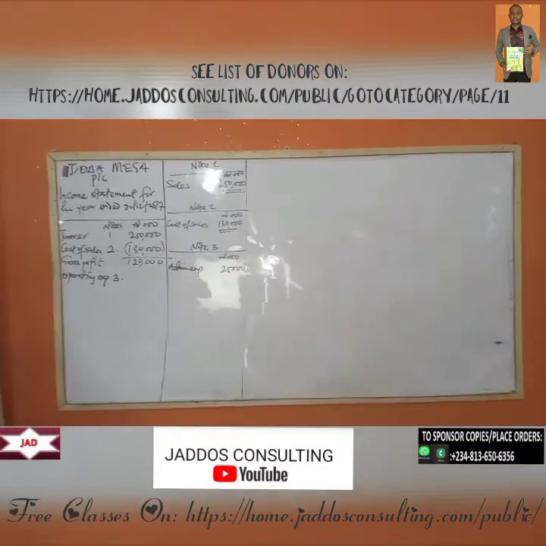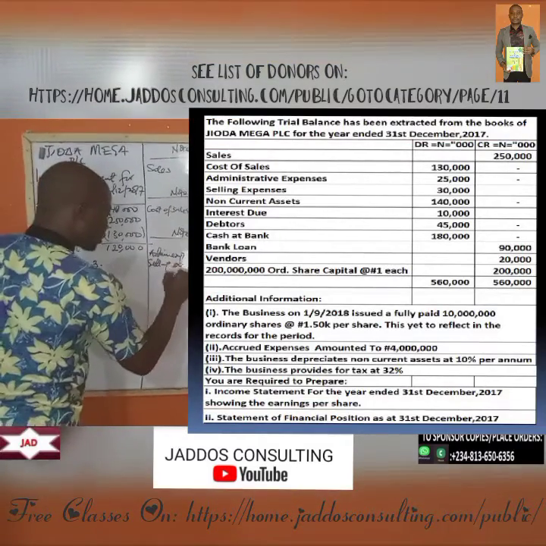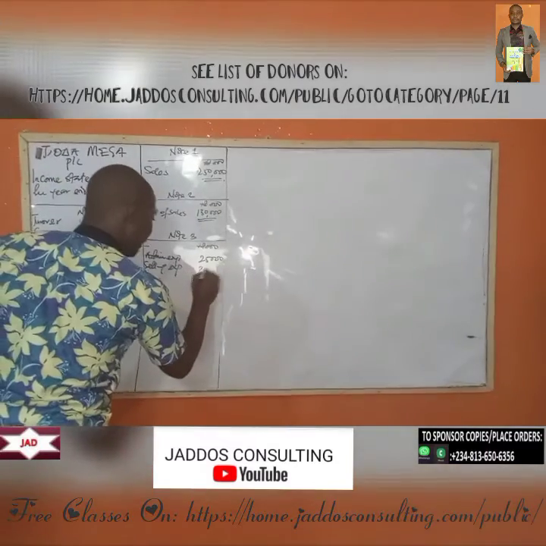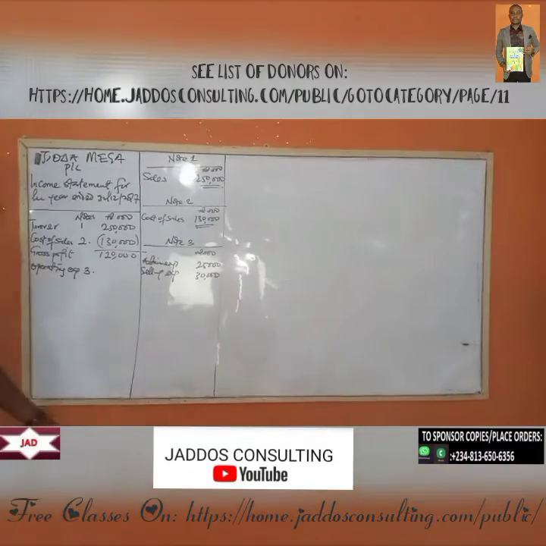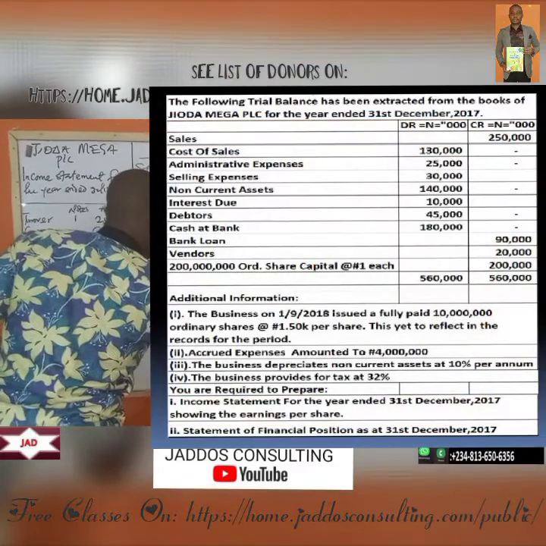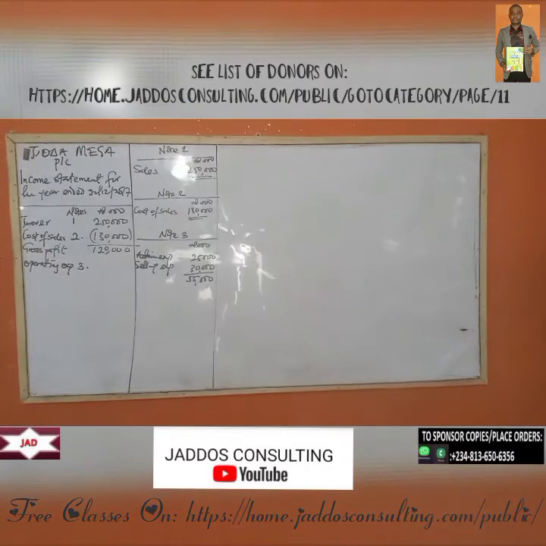So what's the next one? Selling expense. What do we have there? 30 million. That's 30,000 there. Okay. And then that will be 55,000. There's an accrued expense in the additional information, if you remember.